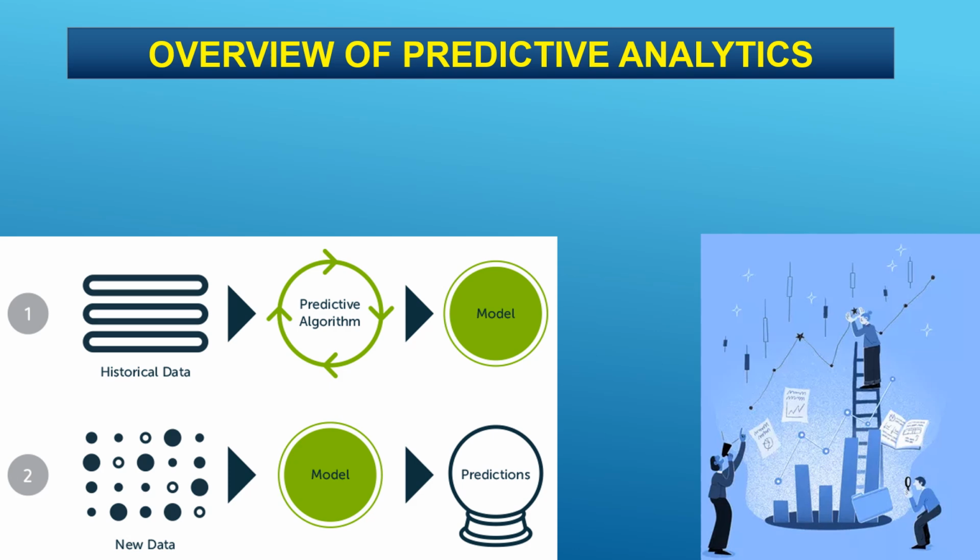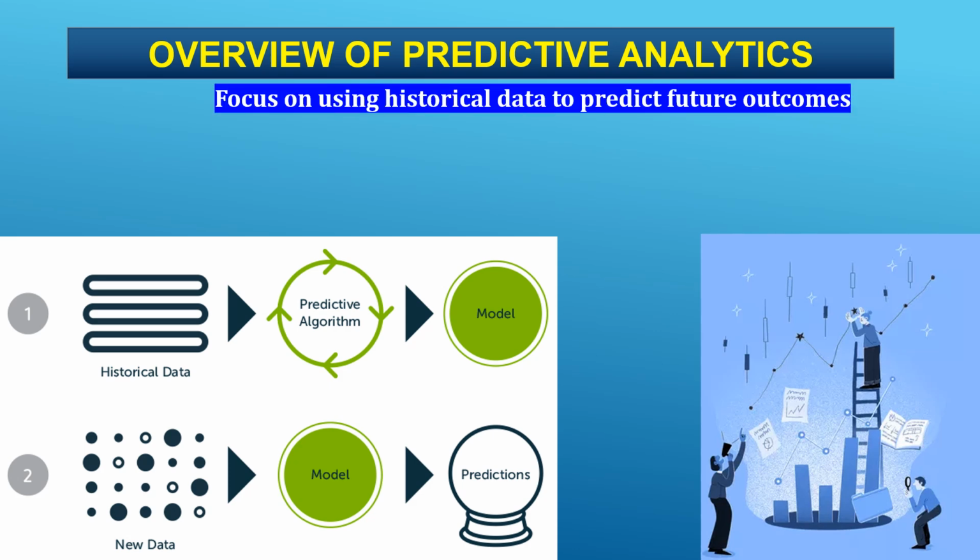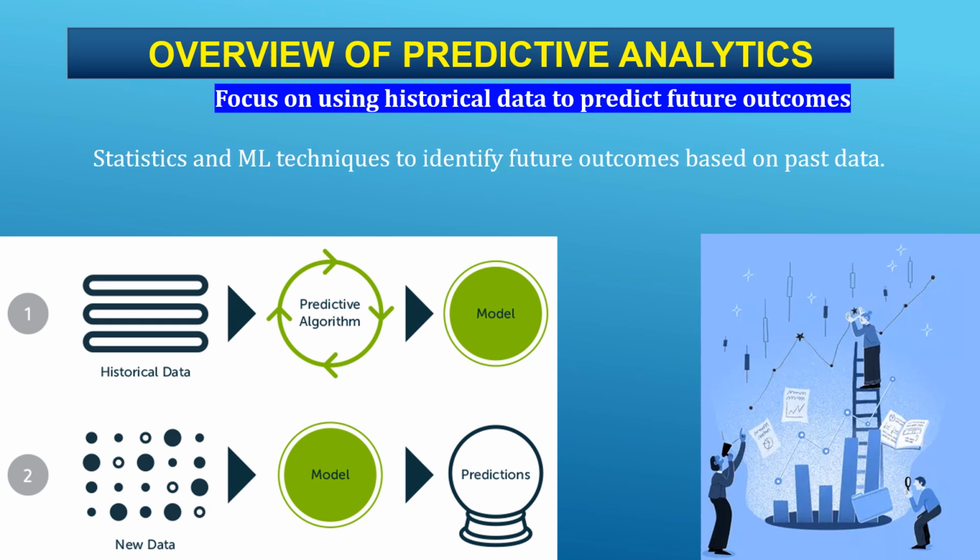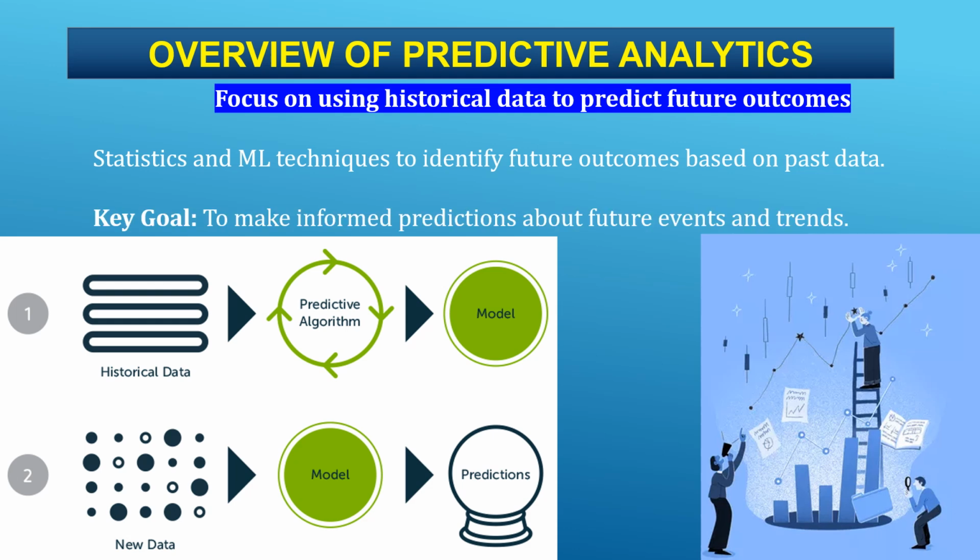Overview of predictive analytics. Predictive analytics is a core aspect of data science, focusing on using historical data to predict future outcomes, enabling proactive decision making and strategy development. The use of statistical algorithms and machine learning techniques to identify the likelihood of future outcomes based on historical data, to make informed predictions about future events and trends using patterns found in existing data.